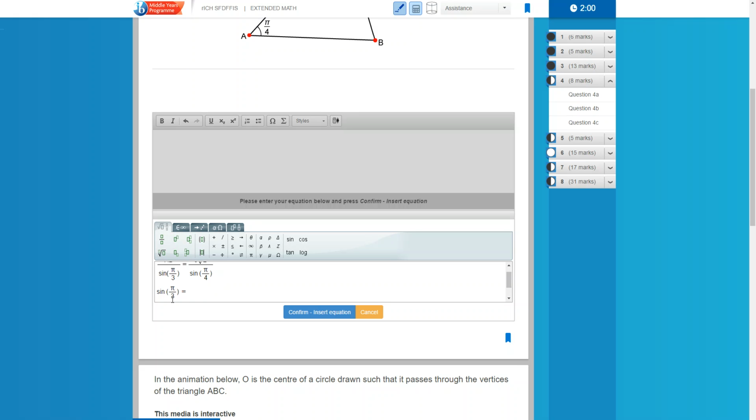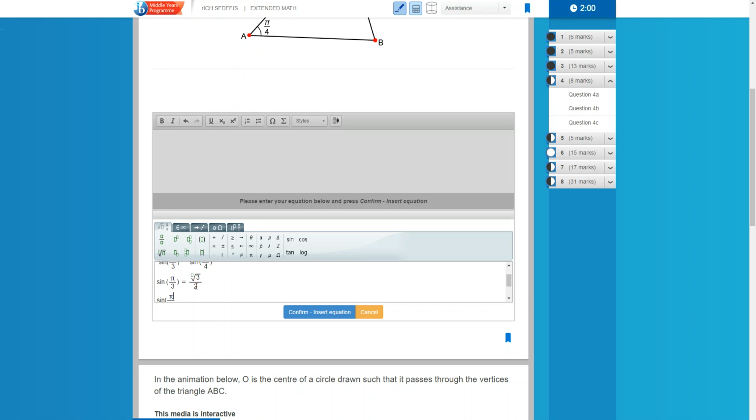No, it's not. Sine of 60 is root 3 over 2. Okay, look, you need to remember these, by using those triangles. We also know that sine of pi over 4.